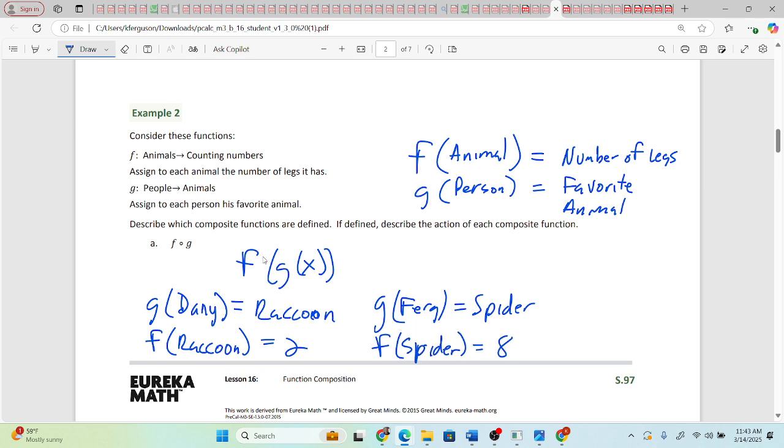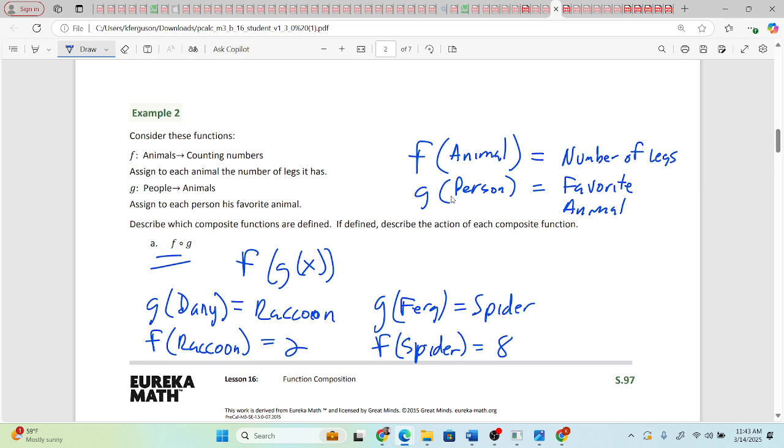Okay, so this works. If I have f as my outer function and g as my inner function, the inputs work. For g, I put in a name, I get out an animal. And then for f, I put in an animal, I get a number of legs. So that one works. Does everybody follow my logic there? That I can say that this is possible.